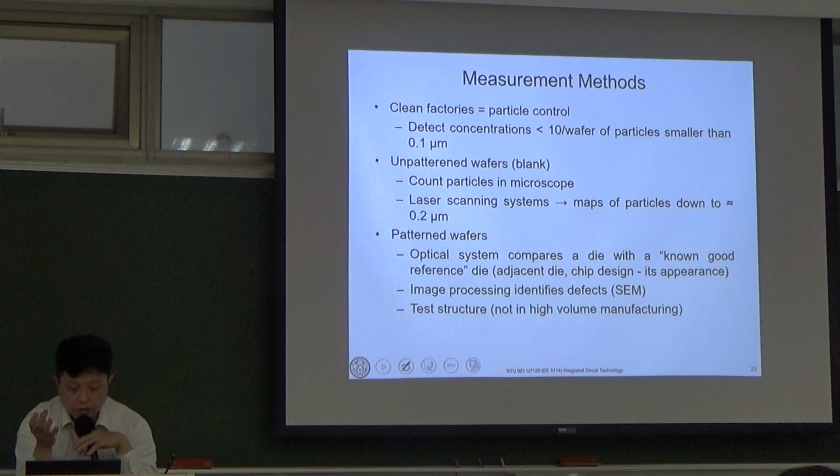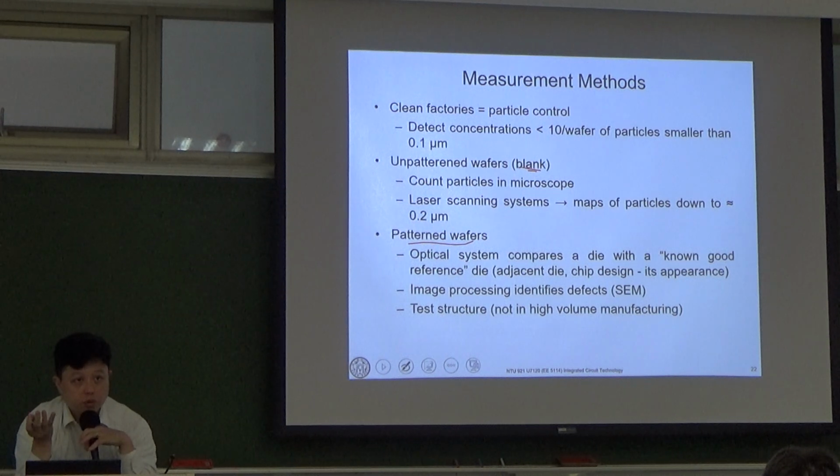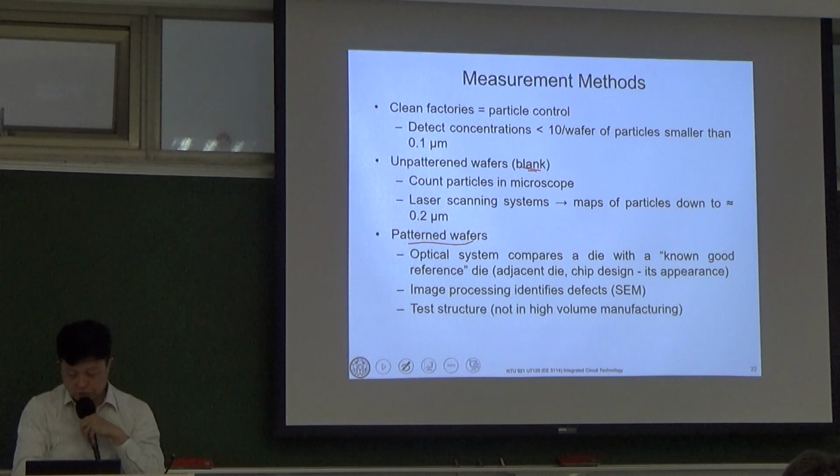You can observe it and identify the quality of your starting wafers. That's for the unpatterned wafers, those blank wafers. But if you already have some patterns on top of your wafers, then we can have a good reference die or wafer to help you compare. You can use these optical systems.